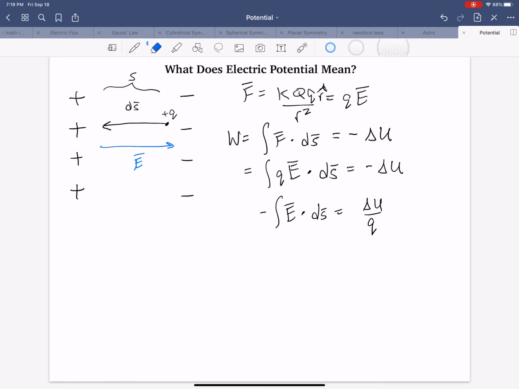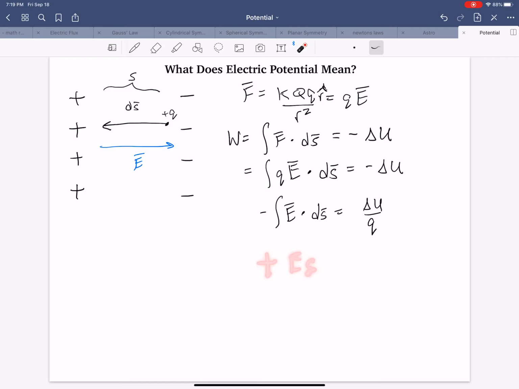So in that case, the electric field and ds are in opposite directions. Thus, the angle in between them is 180. And now, cosine of 180 is -1. That cancels out that negative, and this side becomes a net positive ES or whatever.